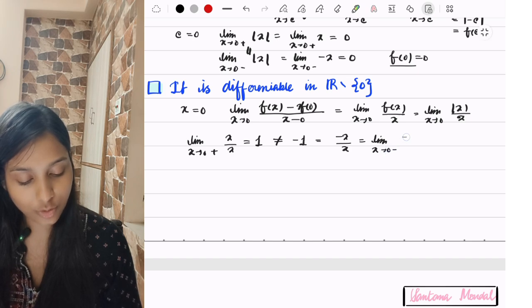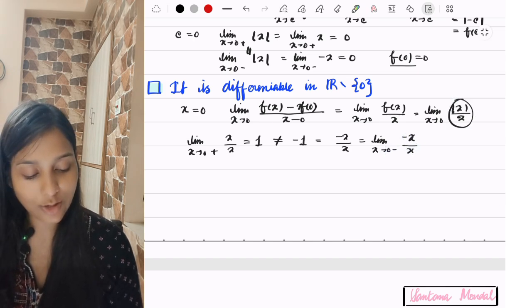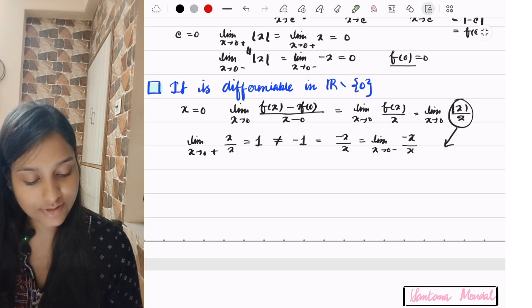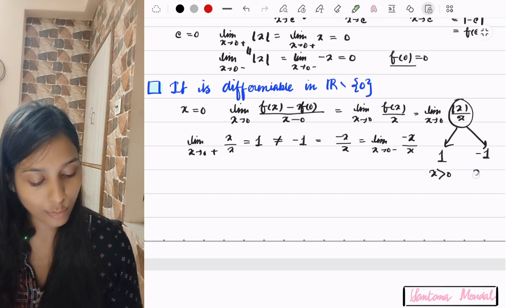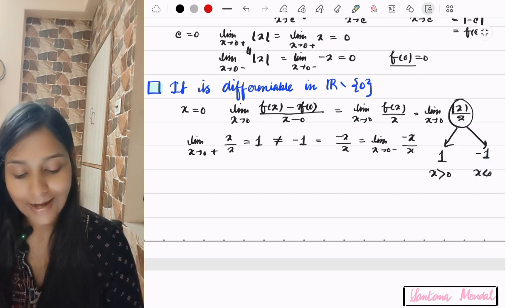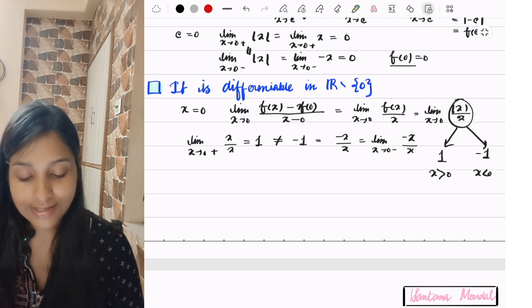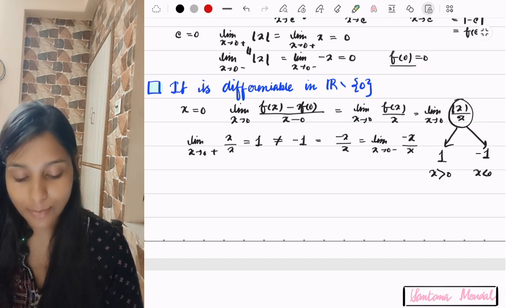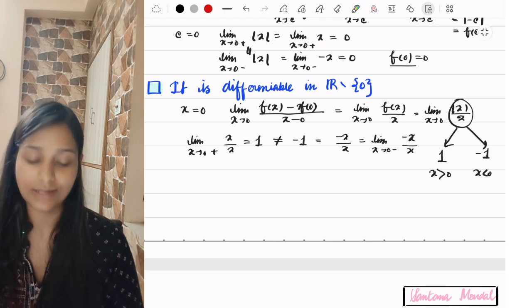So this value becomes 1 when x is greater than 0, and minus 1 when x is less than 0, and at x equals 0 it is not even defined. So this function is not differentiable at x equals 0, but it is differentiable at any other point.